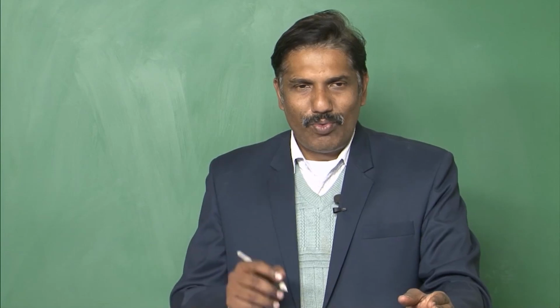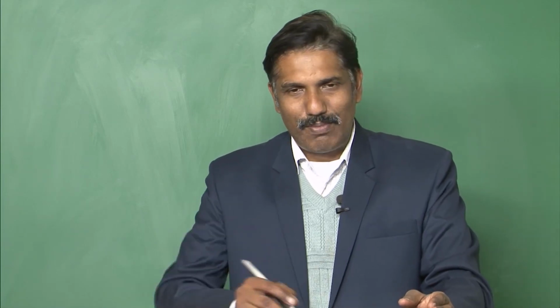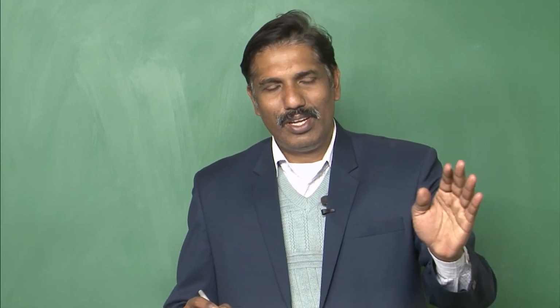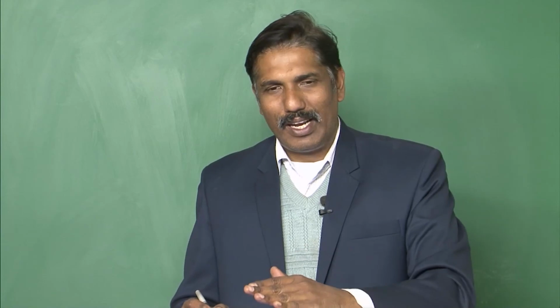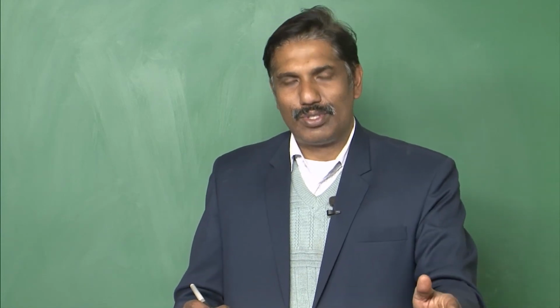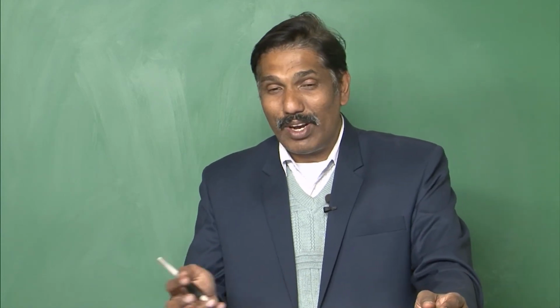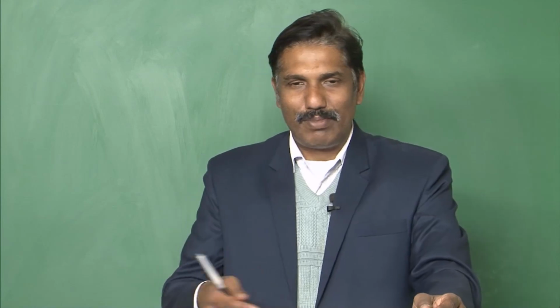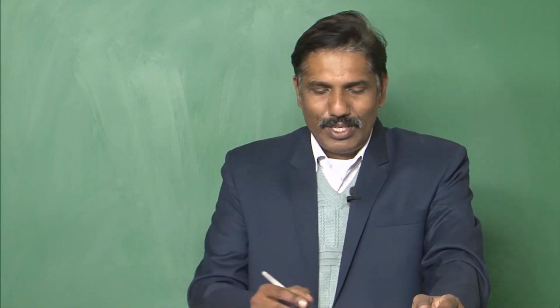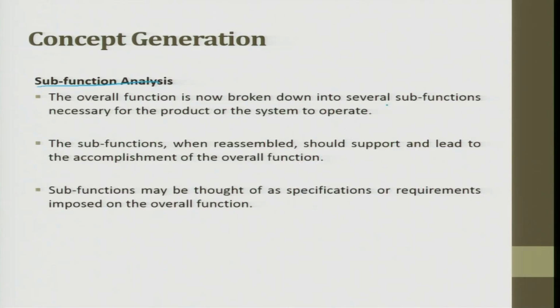Okay. So, now what did we do? Shirt, t-shirt blend, the function was to give a rich look, but later you add several more subclasses to it, so that it can be used in the fullest form. The overall function is now broken down into several small functions necessary for the product or the system to operate.